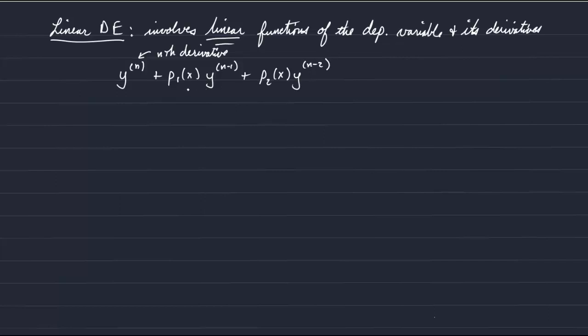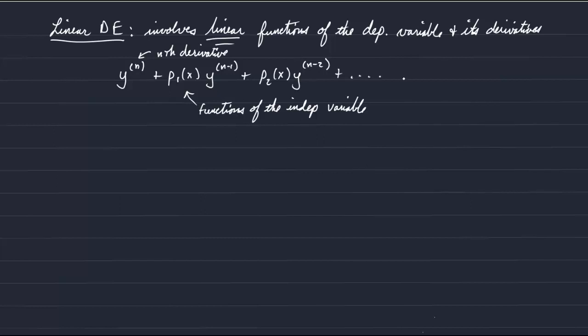The term being multiplied by each of these is denoted p, and these are functions of the independent variable. So in this case, the dependent variable is y, the independent variable is x, and the p's are general functions. They could be linear or nonlinear functions, because they're of the independent variable.